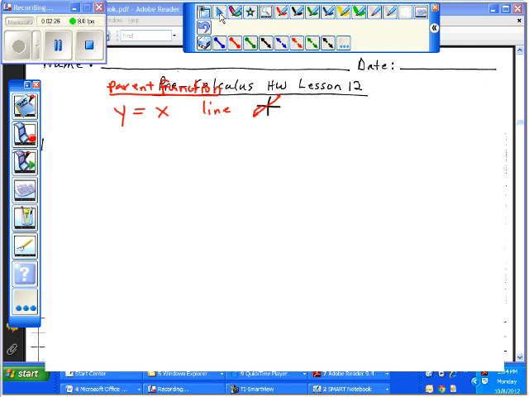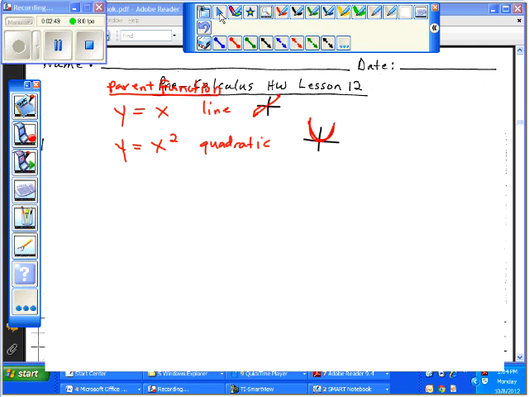All right, now, if we had y equals x squared, that is a quadratic. And the parent function of a quadratic looks something like this, where the y-axis is the line of symmetry.